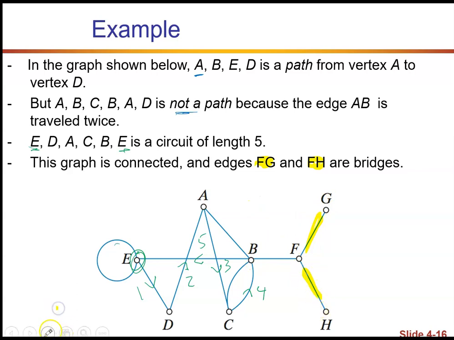I would also add BF as a bridge, because if I remove BF, nothing connects B or F to any of these points over here. So I would include that as a bridge as well.